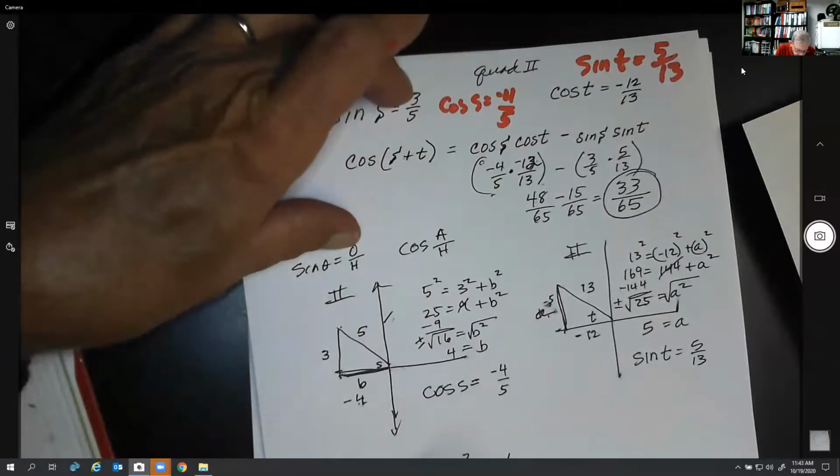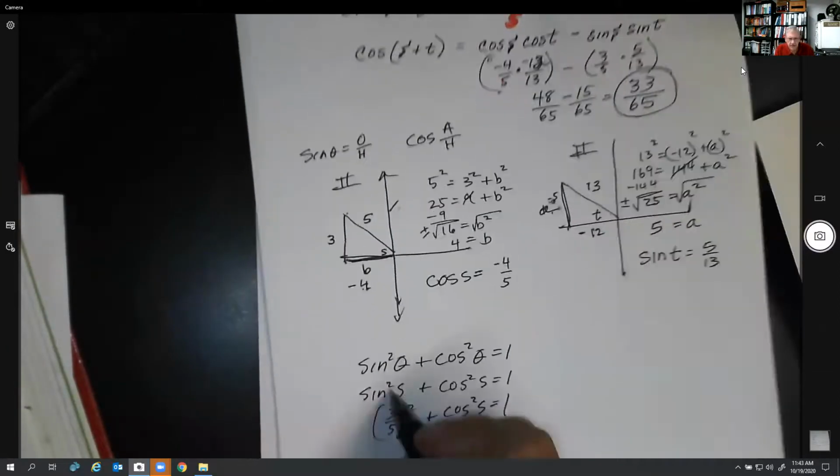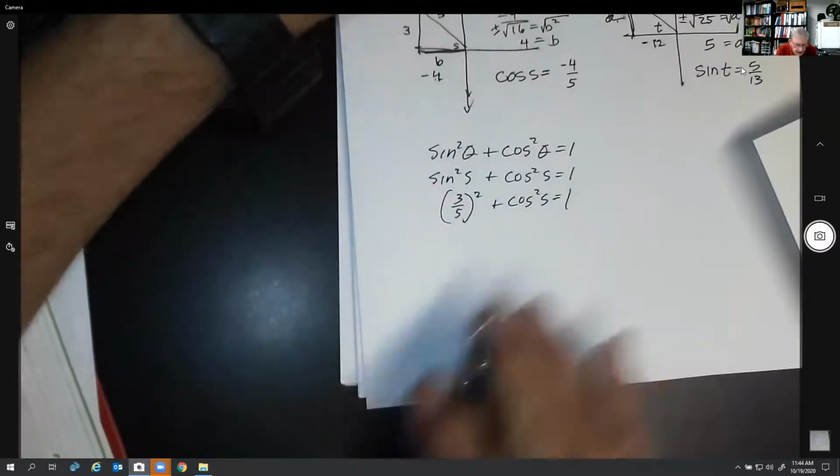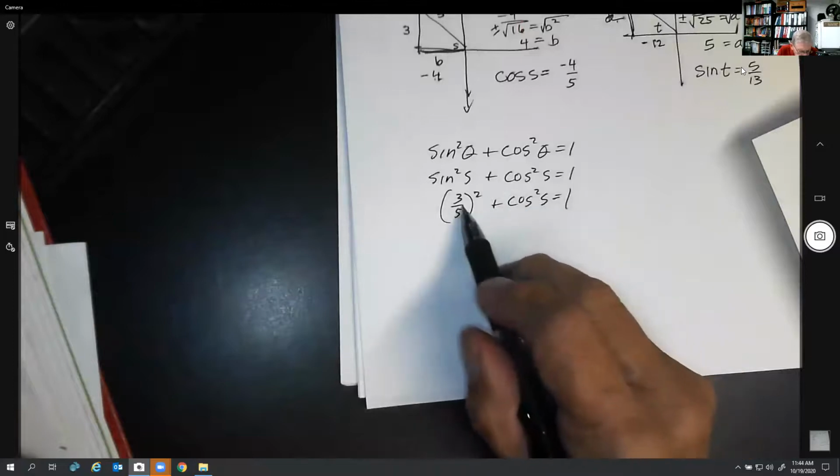The sine of s was 3/5, so this would be 3/5 squared plus cosine squared s equals 1. Square that out. Oops, sorry, you can't see it. I'm sorry about that. Square that, so I just put in the 3/5 because they had given that in the instructions.